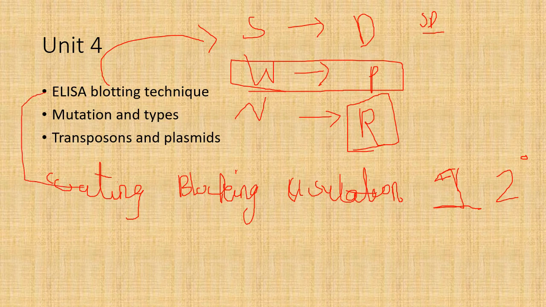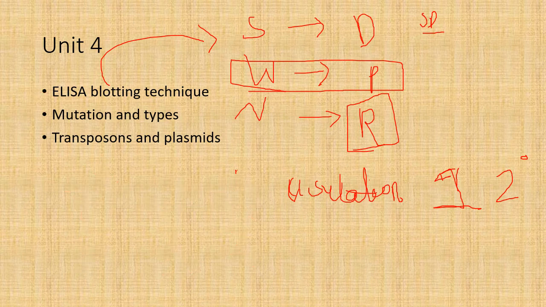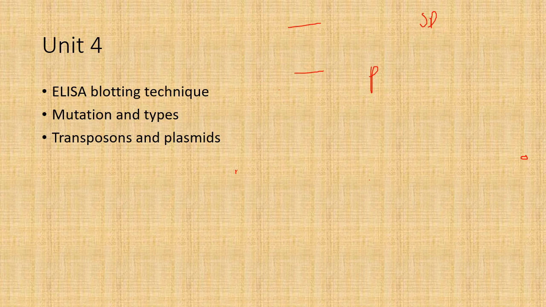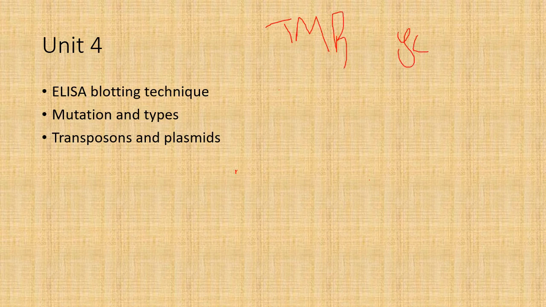ELISA are of 4 types: direct, indirect, sandwich. So you have to remember the types of ELISA. Also, the next thing that you need to remember is the type of enzymes and the type of substrate. TMB substrate, which turns yellow into blue.